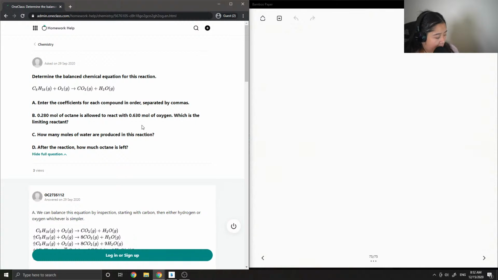So I'll just show the balanced chemical equation. Part B, 0.280 moles of octane is allowed to react with 0.63 moles of oxygen, which is the limiting reactant. Part C, how many moles of water are produced in this reaction? And then part D, after the reaction, how much octane is left?